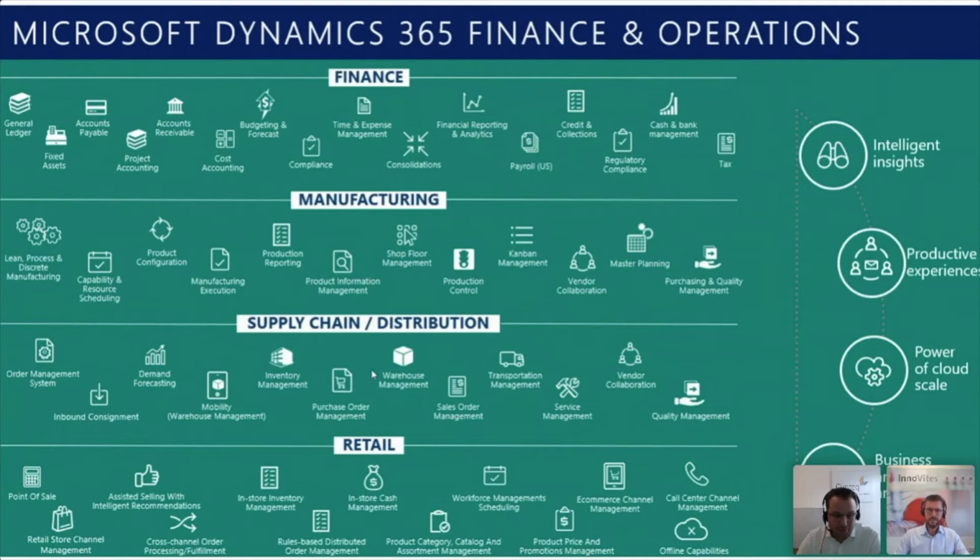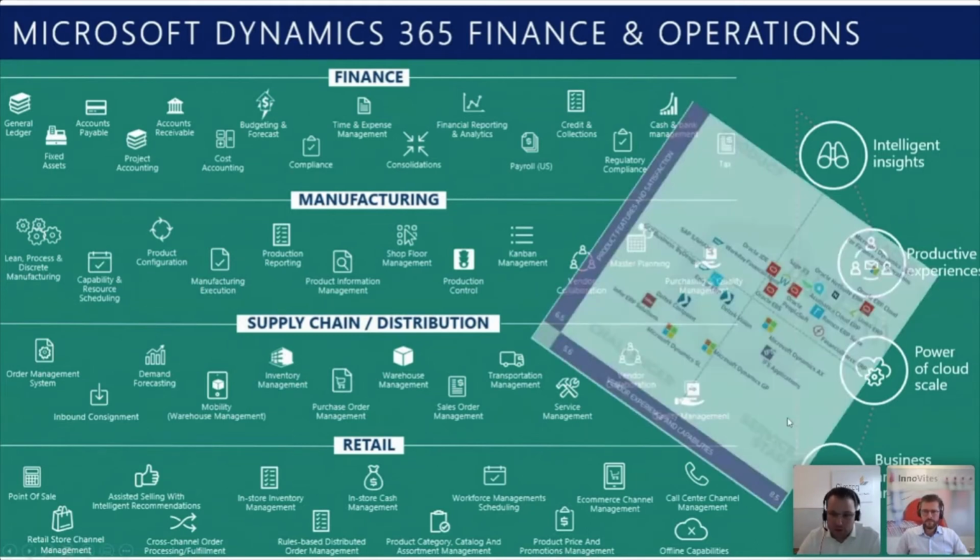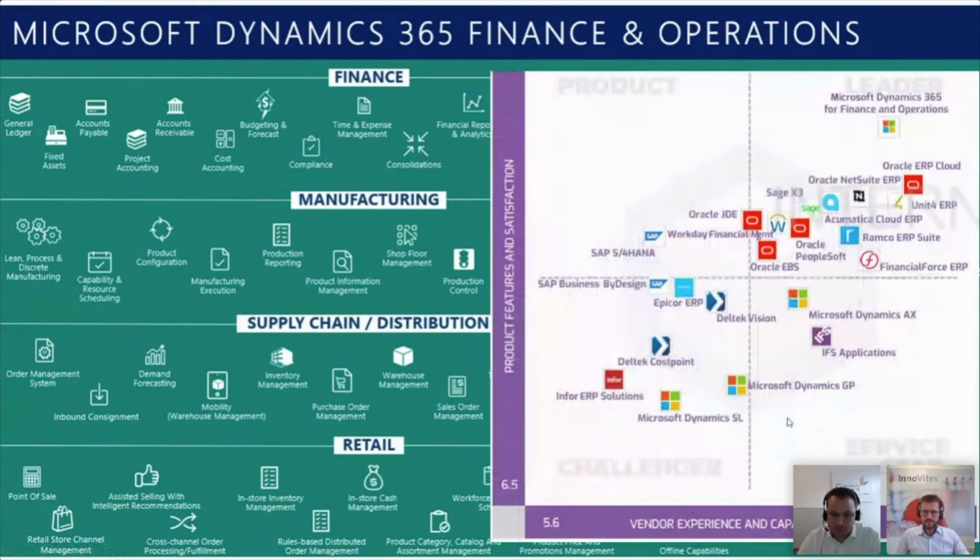It's built on the Microsoft technology stack, so it's fully integrated with Office, etc. Microsoft is being recognized as the leader in the ERP space. So we are happy to build the Cable ERP application on top of this popular and powerful ERP solution.